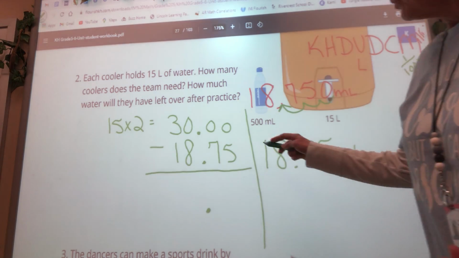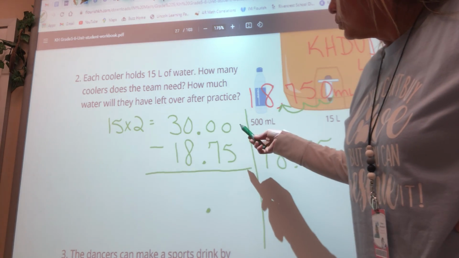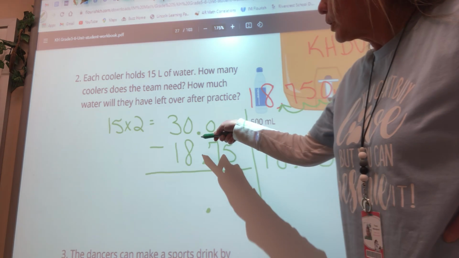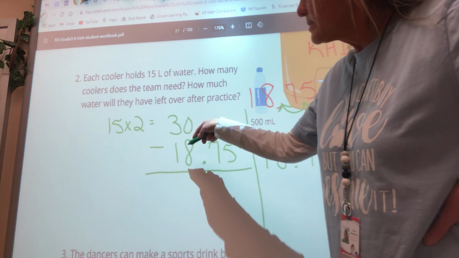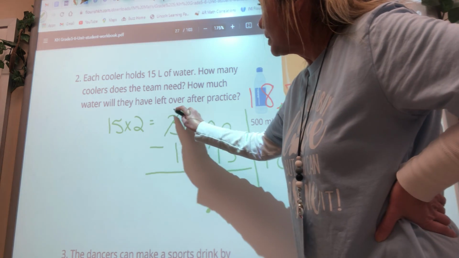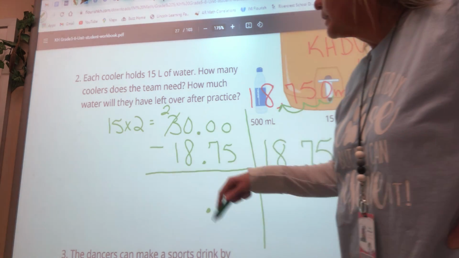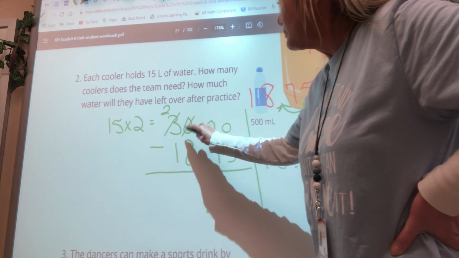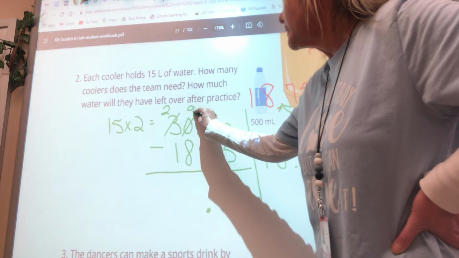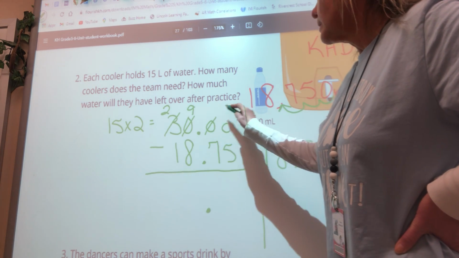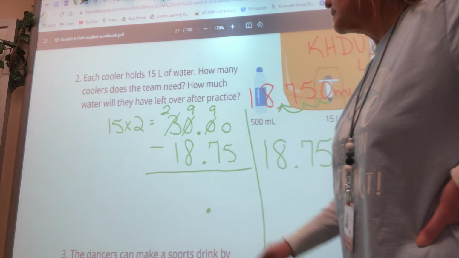Well, we can't take 5 from 0, so he's going to have to borrow. He doesn't quite have it, so he's going to have to borrow. So we're doing a lot of borrowing here. We borrowed that multiple of 10, so he'll become 2. He borrowed a multiple of 10, but he'd already given some away, so he's a 9. Same for him, so he's a 9.